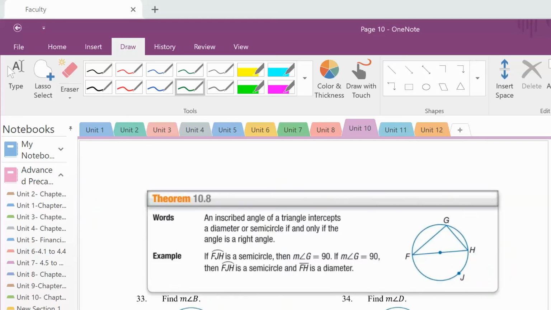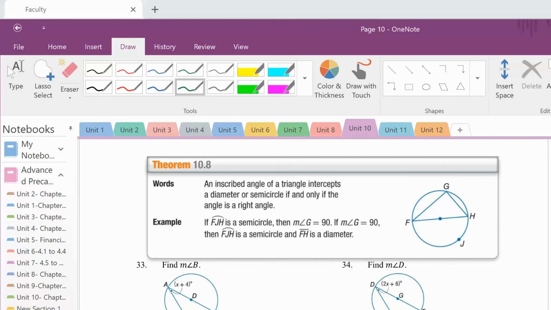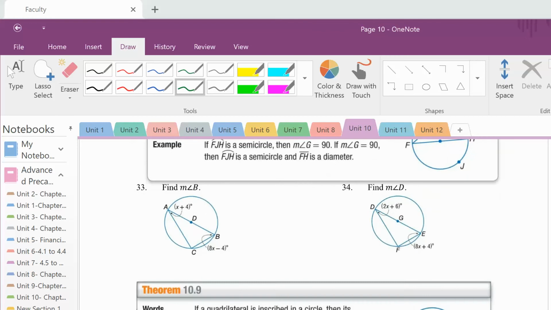All right, so then an inscribed angle of a triangle intercepts a diameter or a semicircle if and only if the angle is a right angle. So notice this inscribed angle, its endpoints are the diameter, so that means that G would be a right angle. So therefore here, if we're finding the measure of angle B, we know that since AB is a diameter, C is a right angle.